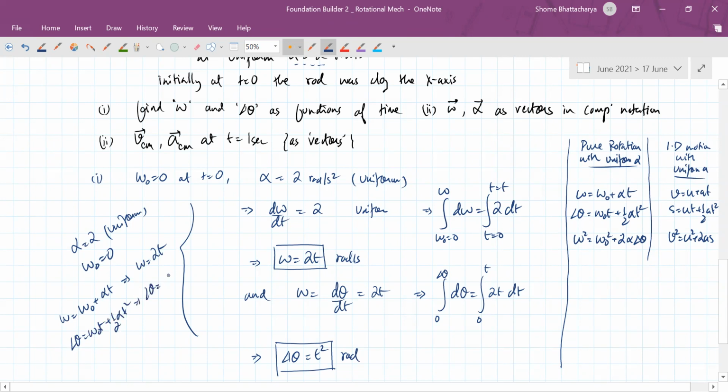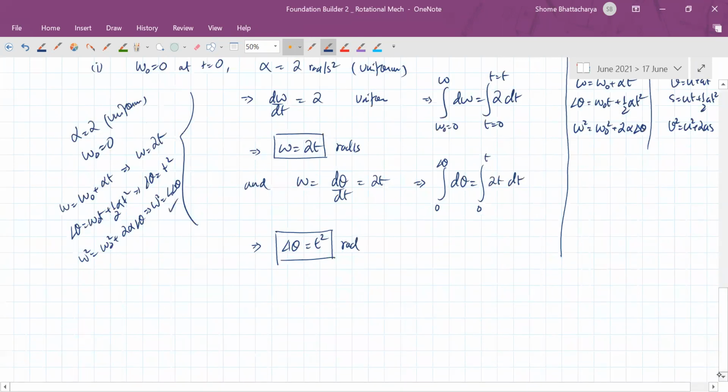So here it's t square. So here we get this kind of third relation also. So hope this is clear to all of you.